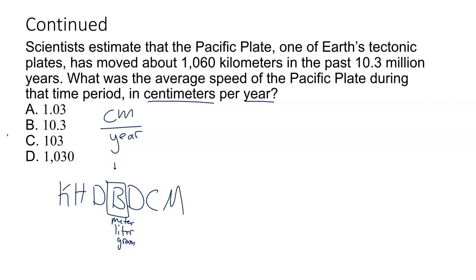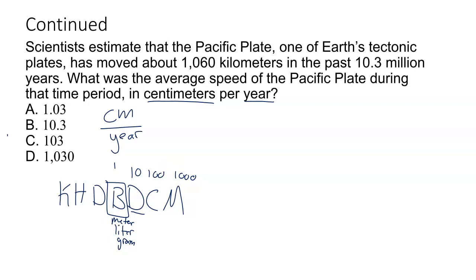Okay? Well, if we go to the right towards deci, there are 10 decigrams in 1 gram. Deci means 10. Centi, there's 100 centigrams in 1 gram. 1,000 milligrams in 1 gram.